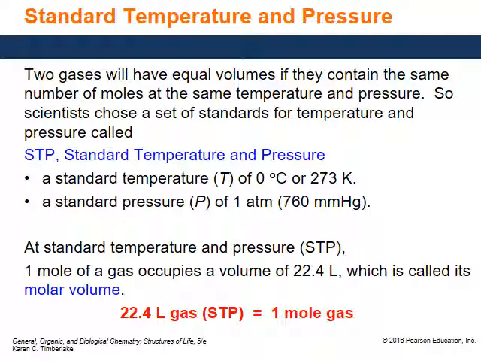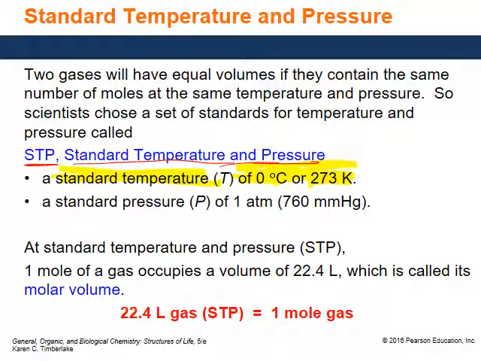Therefore, scientists came up with a term called STP, which stands for standard temperature and pressure. Here, the standard temperature by definition is 0 degrees Celsius or 273 Kelvin. This is to avoid any kind of confusion when we change temperature and pressure.